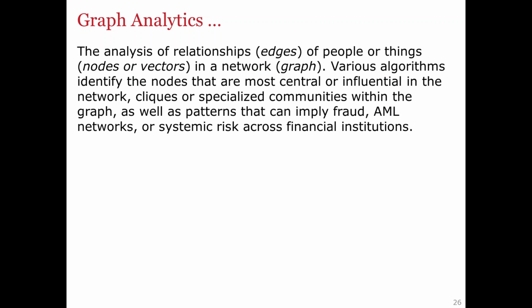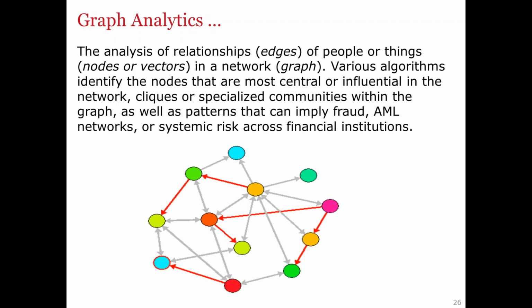Graph analytics is another area where we basically show in a graph structure how different people, concepts, things are linked together. So we call the things or entities nodes, and the relationships between these we call edges. And sometimes we have what is called the directed acyclic graph.